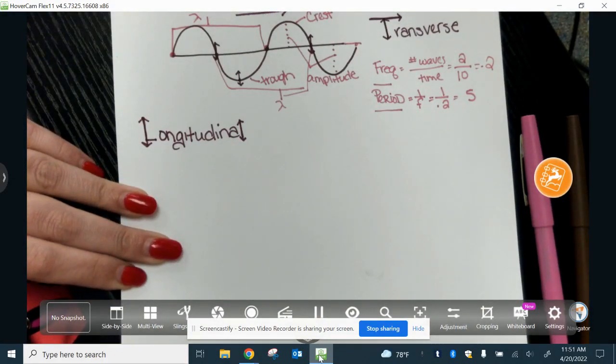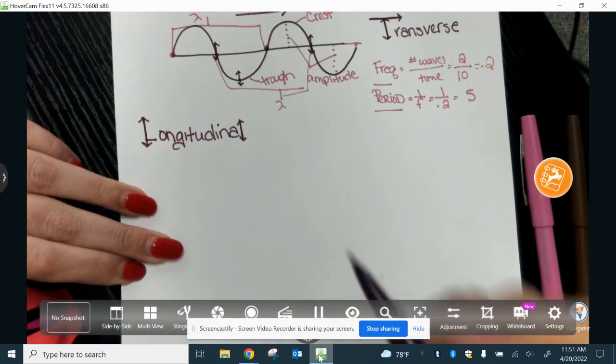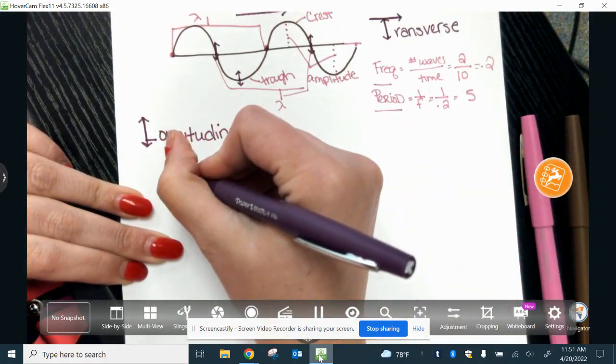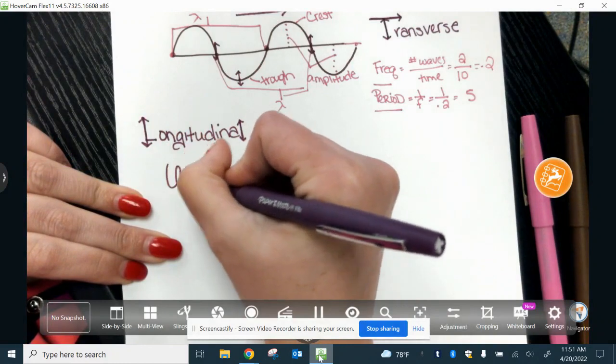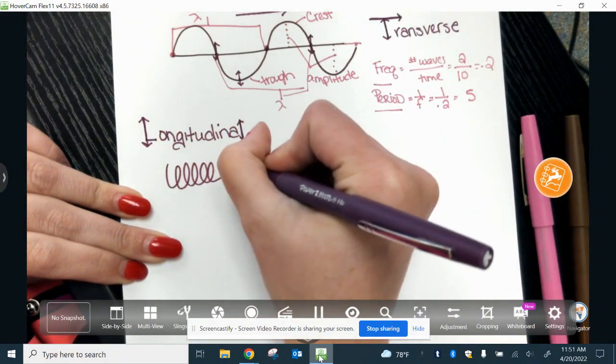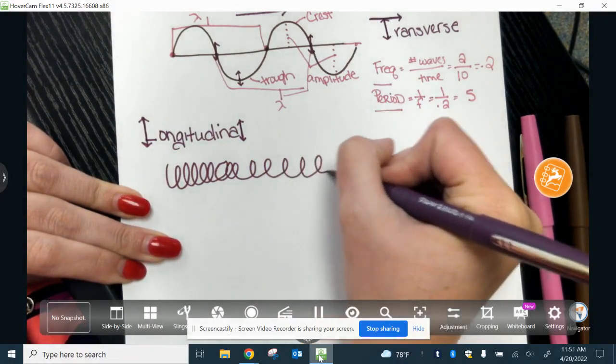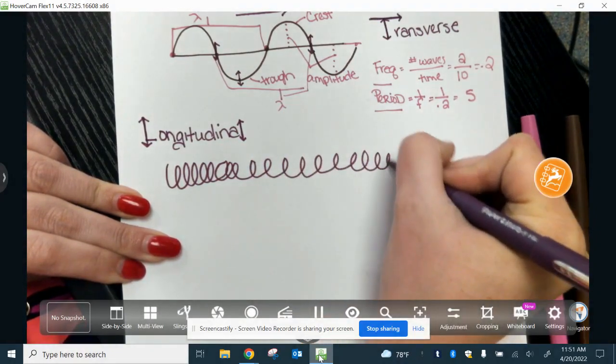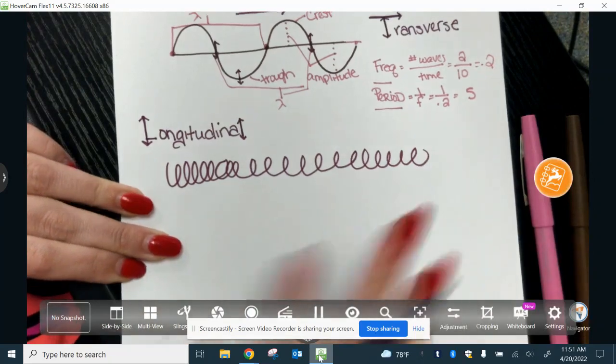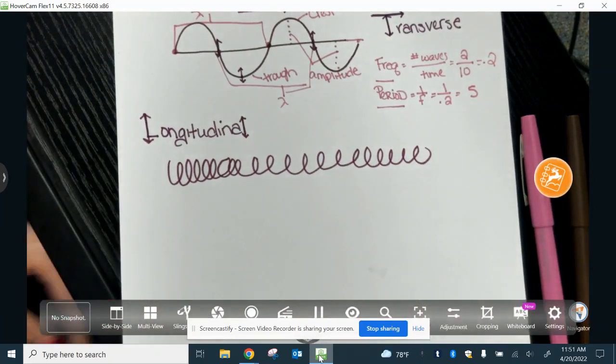Think of like that, parallel. So I'm not super great at drawing these straight. See, it gets smaller. That is a me problem, not a wave problem.